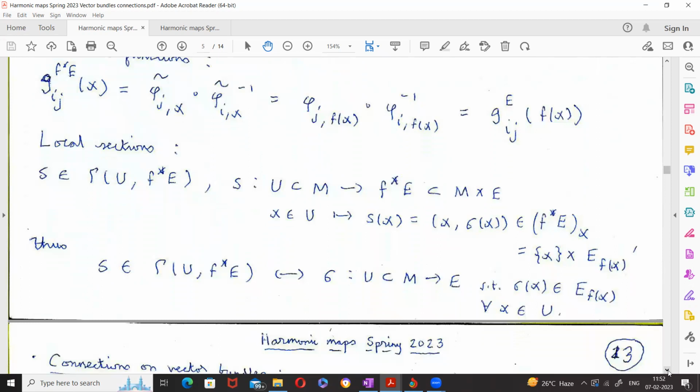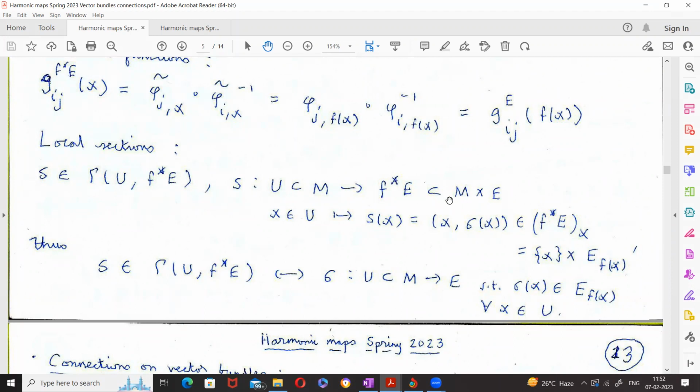And finally, what are sections of the pullback bundle? Well, suppose S is a section of the pullback bundle f star e over an open set U. So what does it mean to be a section of the pullback bundle? That means any point x in U maps to some point S of x in the fiber of f star e at x. So S of x is a point.